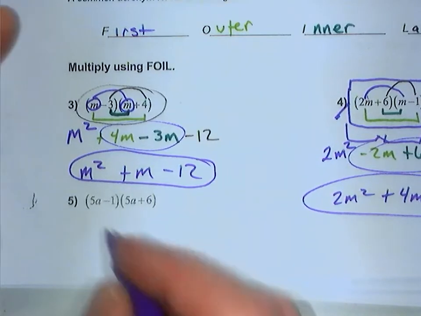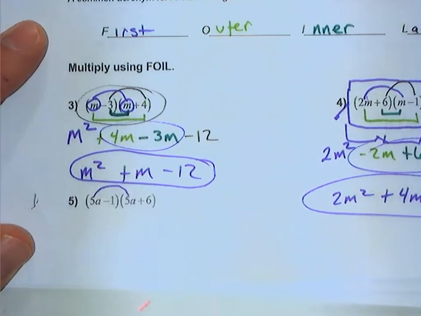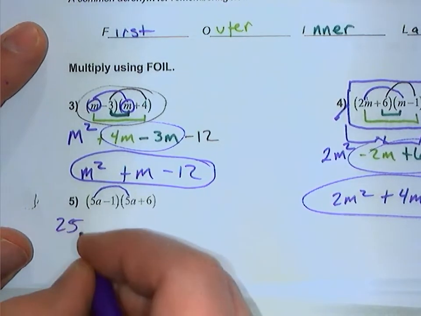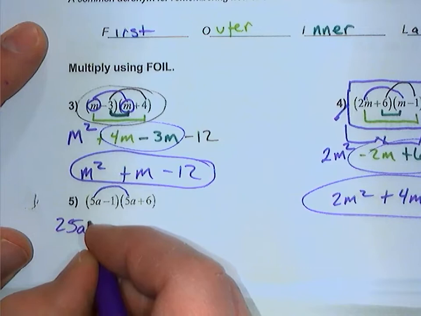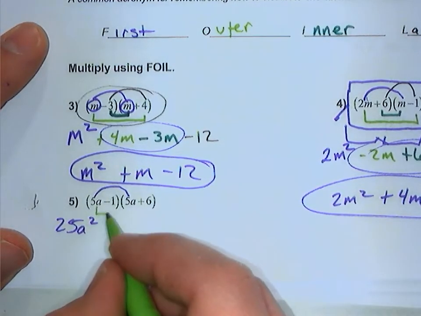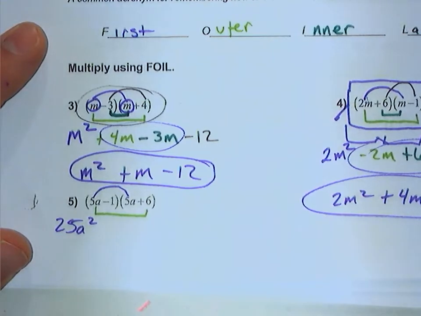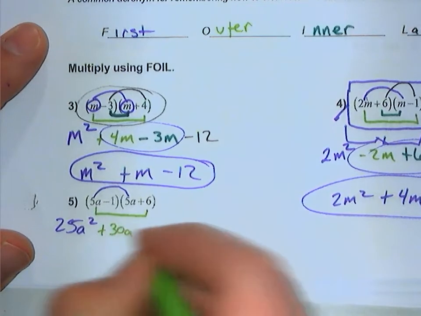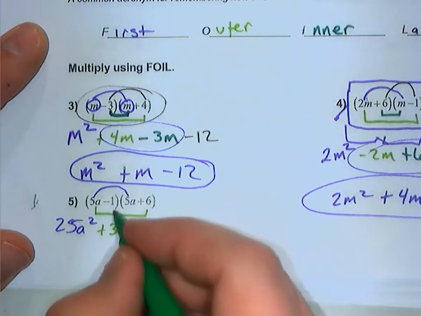All right, here we go. What's 5a times 5a for your first? Damon, 25a squared, attaboy. Good. Outers, the smile. 5a times 6. Tyler, what's 5a times 6? 30a. Inners, do your nose.